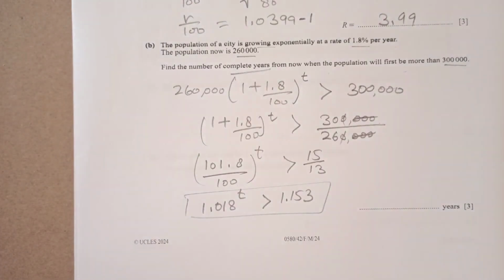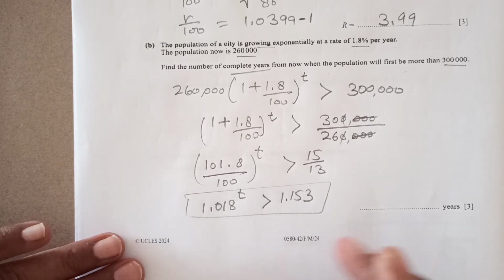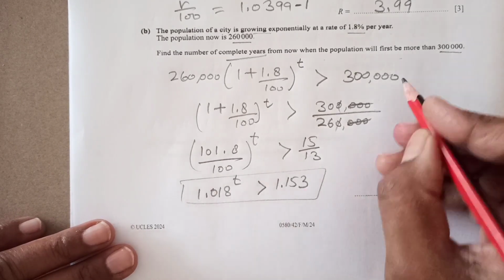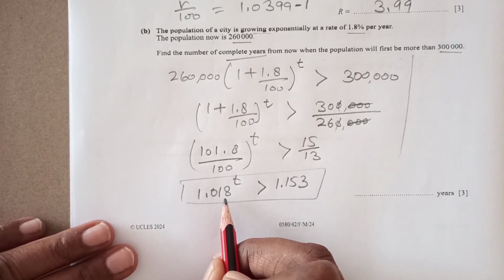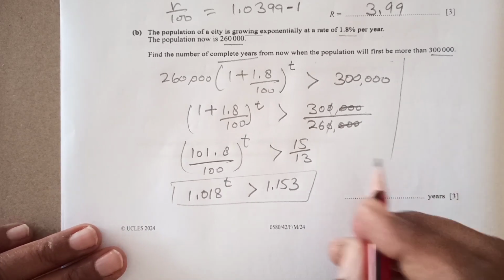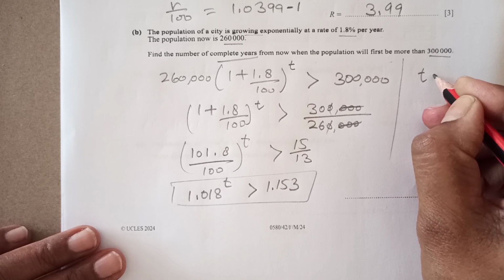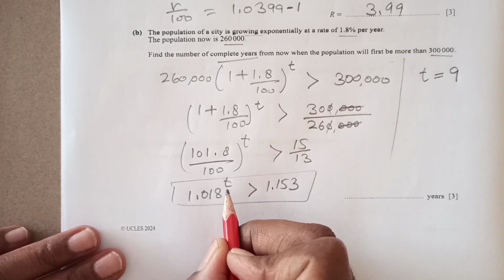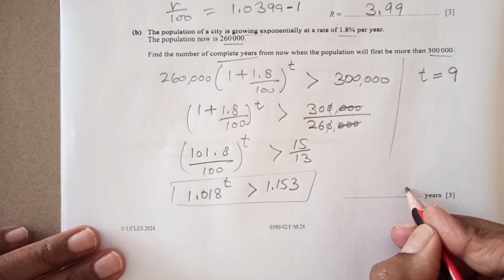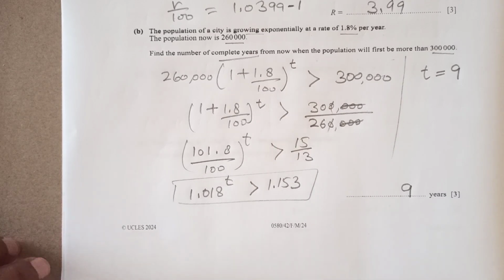Once you get the value for t, I'm getting for t equals 1, when you put t as 1, this is 1.018, 1.153. So by trial and error you are going to get the value of t as 9. Once you put t as 9, then you are going to get this 1.153, right?